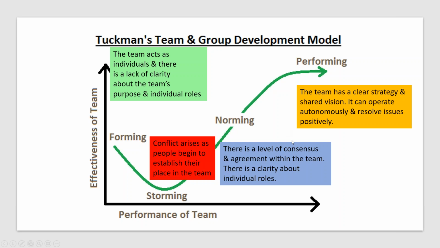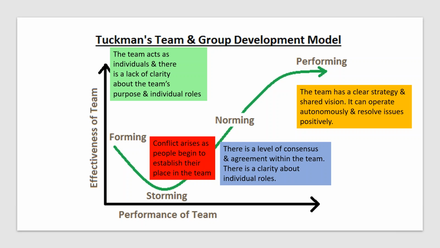Now, in the performing stage, which is the ultimate stage of teams, the team has a very clear strategy. They are very clear about what they're aiming to do. But more importantly than that, they have a shared vision. So they have an emotional investment in the actual outcome. And it's just like Anthony was mentioning before with the surgery team. So it can operate autonomously.